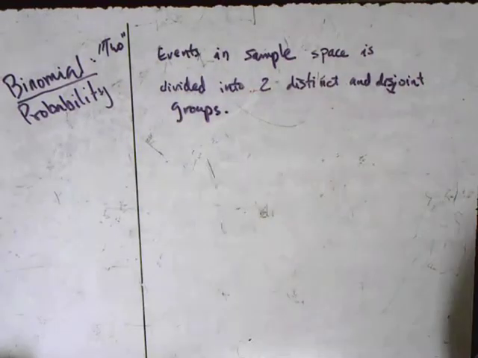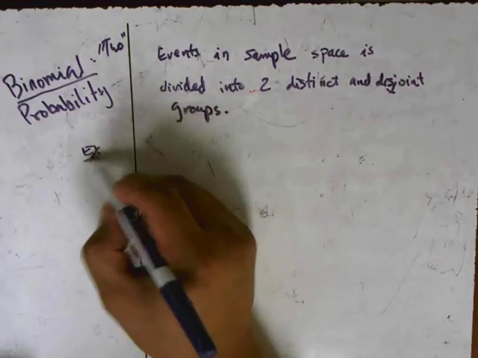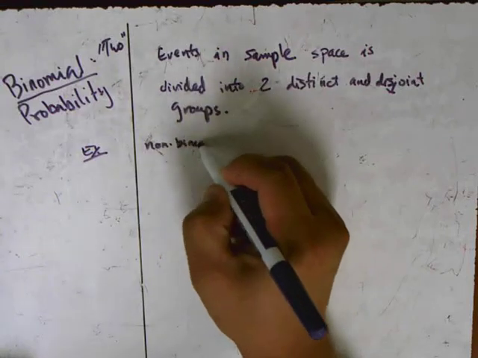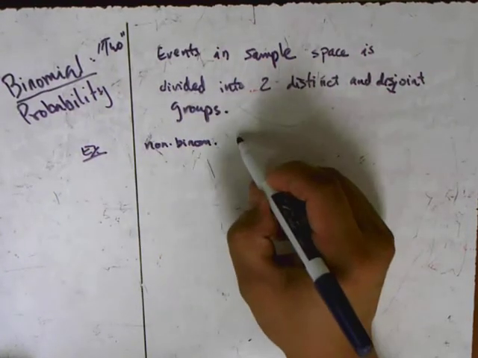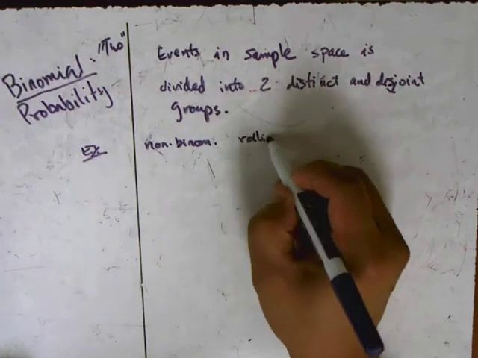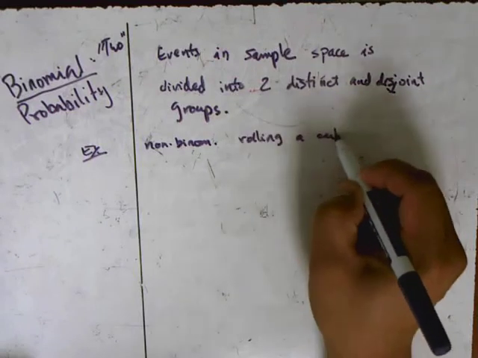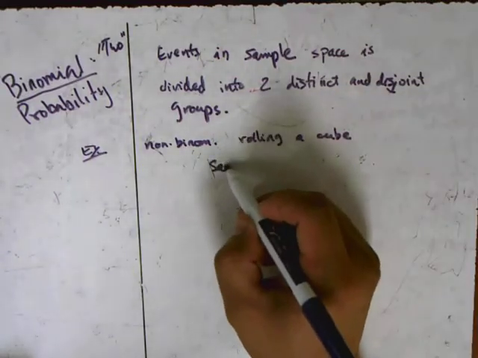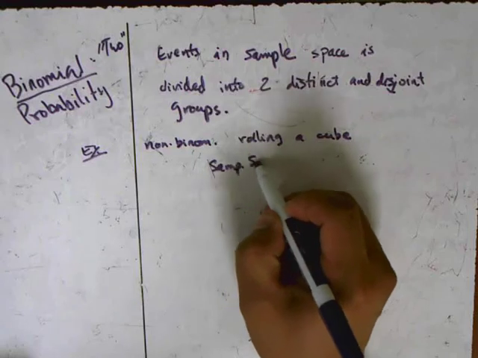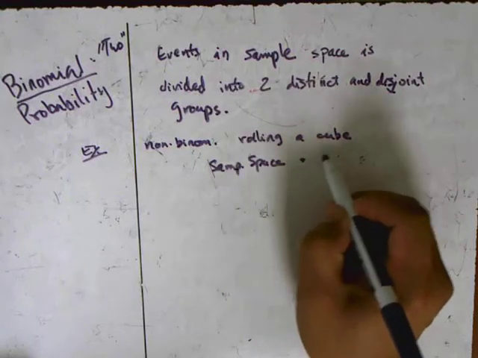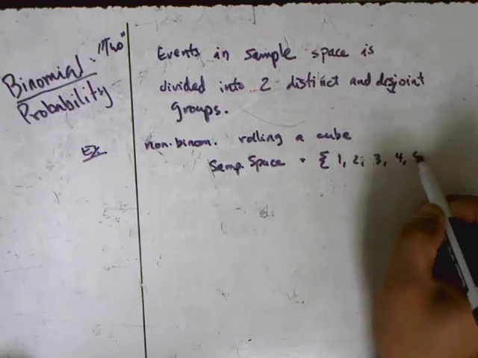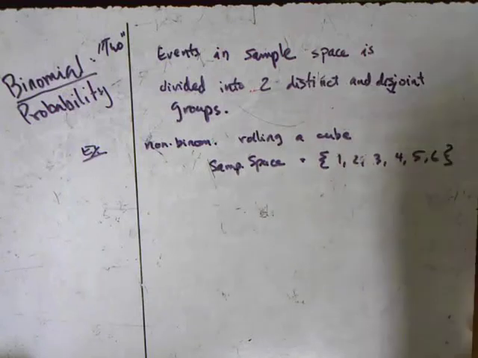For example, a non-binomial probability would be rolling a cube, and then the sample space would be: you can get a 1, a 2, a 3, a 4, a 5, or a 6.